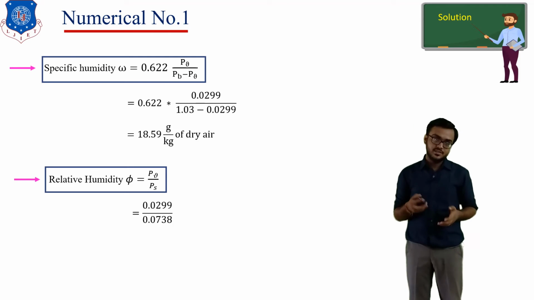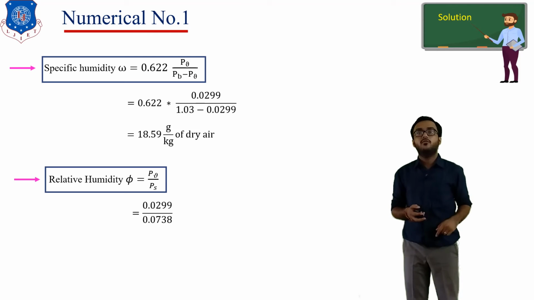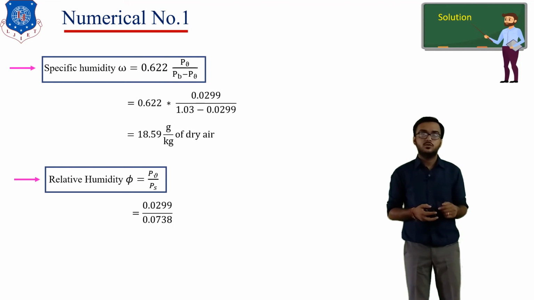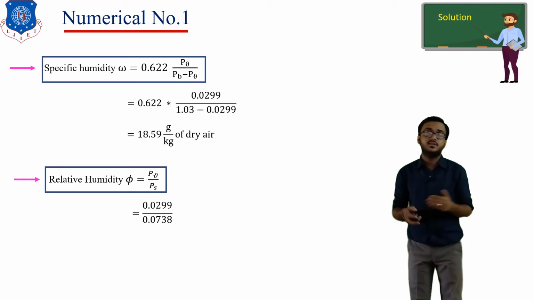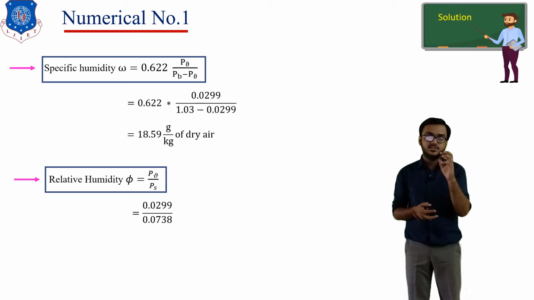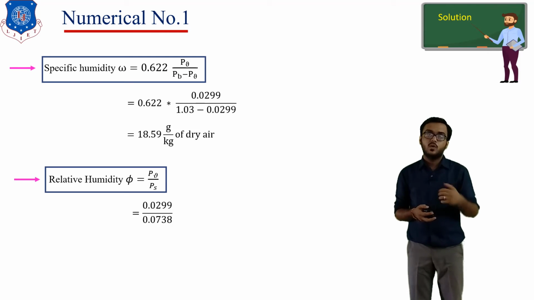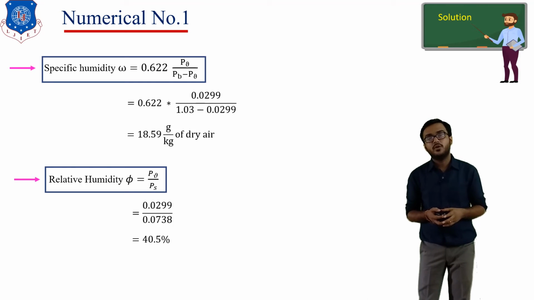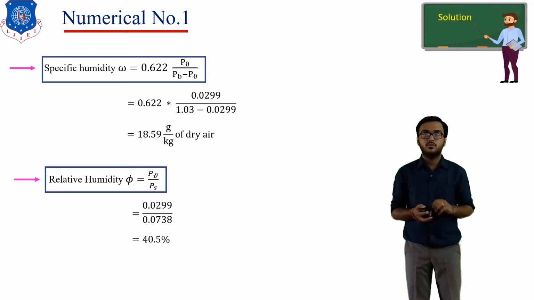Here PV is 0.0299. Open the steam table and at 40 degree dry bulb temperature read the value of saturation pressure, that is 0.038 bar. Based on the data obtained from the steam table, the relative humidity is equal to 40.5%. So it is all about the relative humidity.